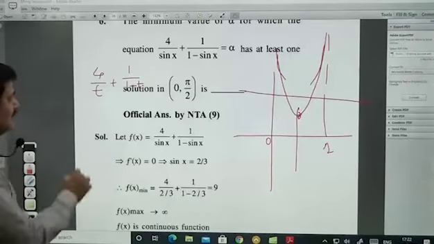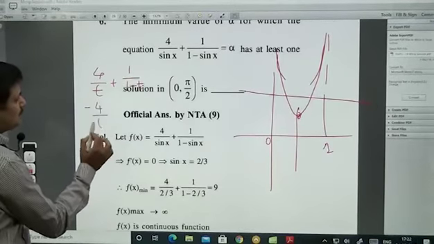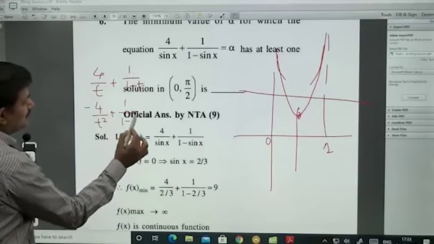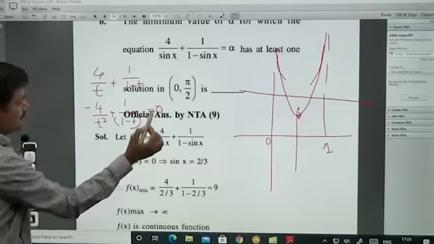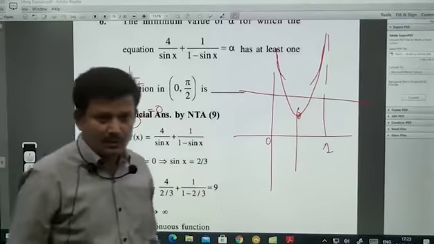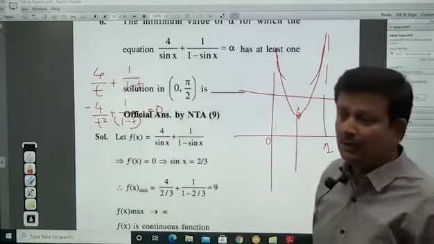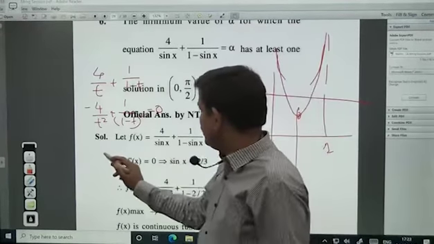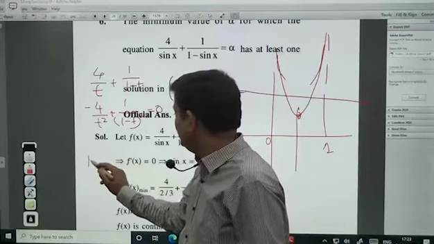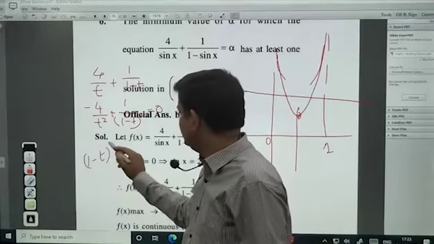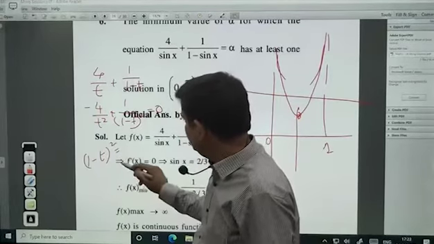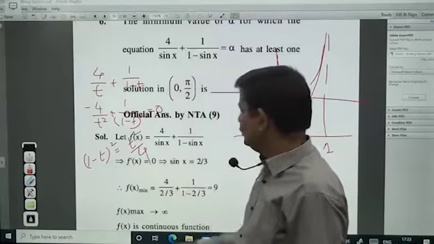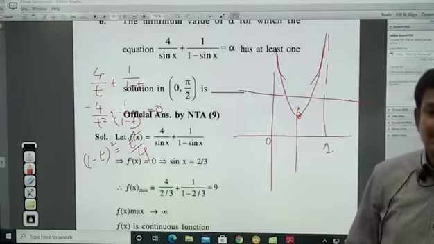What will be the derivative? Minus 4 by t square plus 1 by 1 minus t square. This should be 0. So, what is it that you get? 1 minus t whole square is equal to t square by 4.